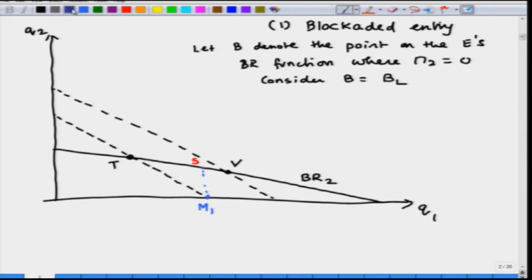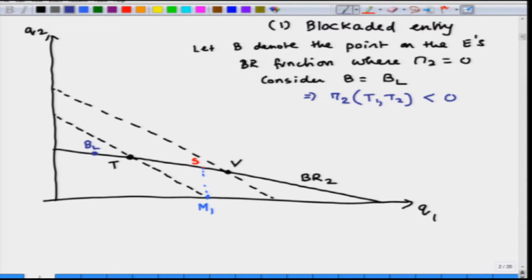This essentially means that the profit of the entrant at its most preferred Nash equilibrium output T is negative. Recall T is the most preferred Nash equilibrium output for the entrant, and the point B is at a point which is to the left of T, such that the profit of the entrant at the point T becomes less than 0.